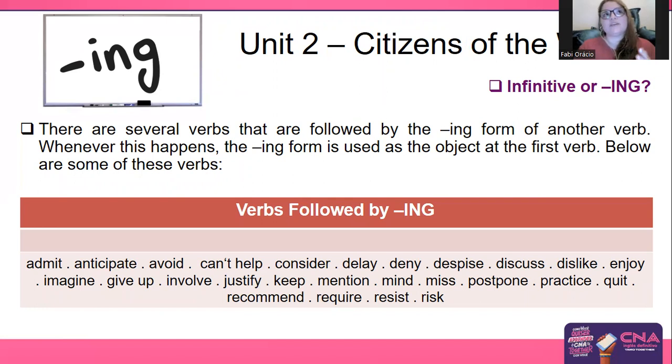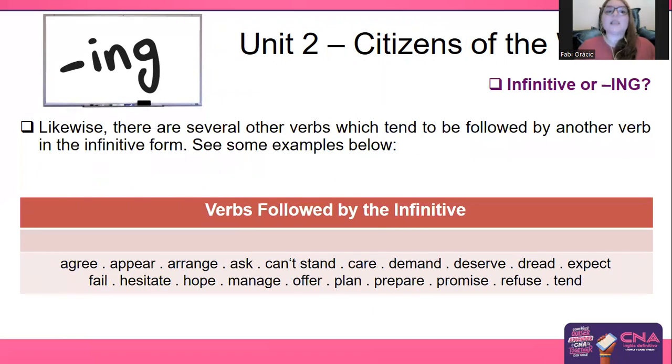For example, I avoid talking to him. I consider talking to him. So the next verb has to be in the -ing form. Likewise, there are several other verbs which tend to be followed by another verb in the infinitive form. See some examples.